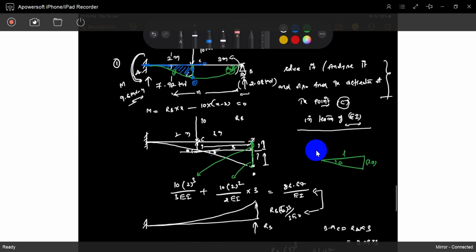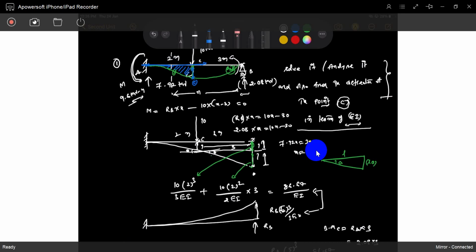So what is that? RB into x is equal to 10x minus 30. Okay, 10x minus 30. So RB is what? RB is 2.08. So 2.08x is equal to 10x minus 30. So what is that value? 10 minus 2.08 is 7.92, so 7.92x is equal to 30.